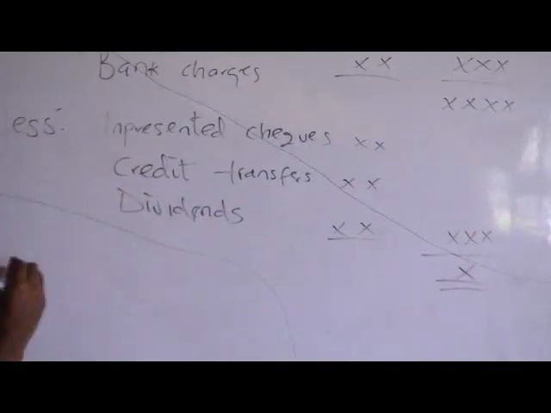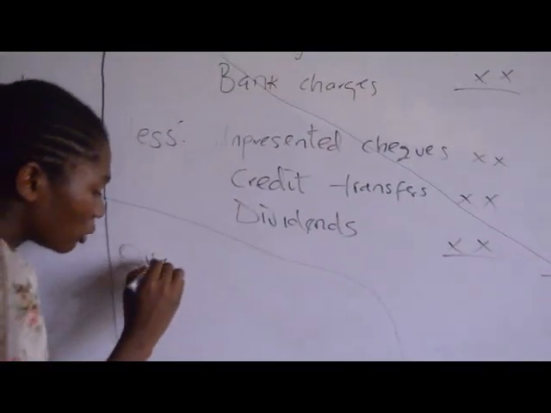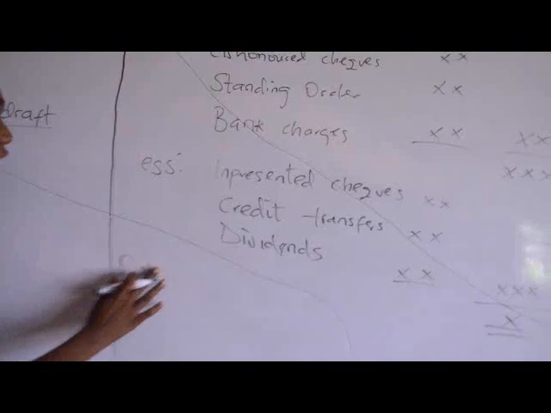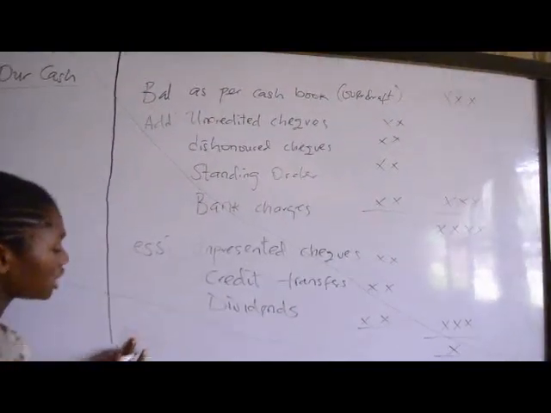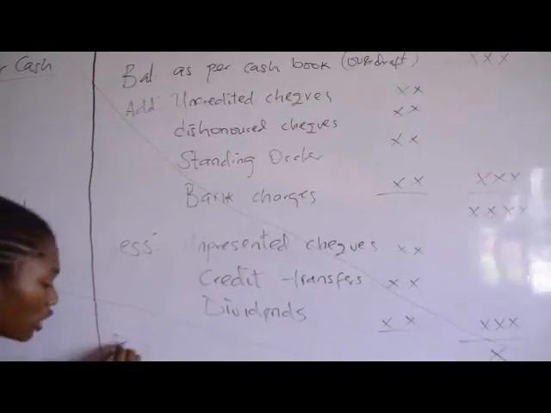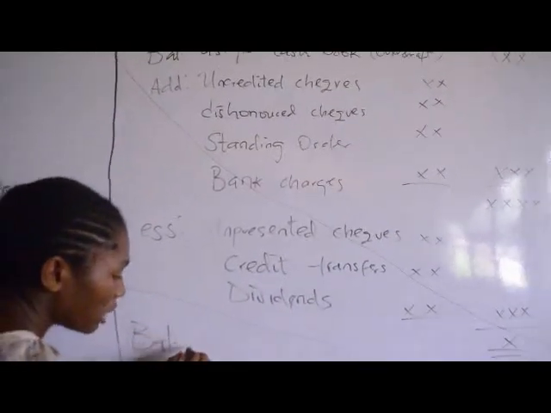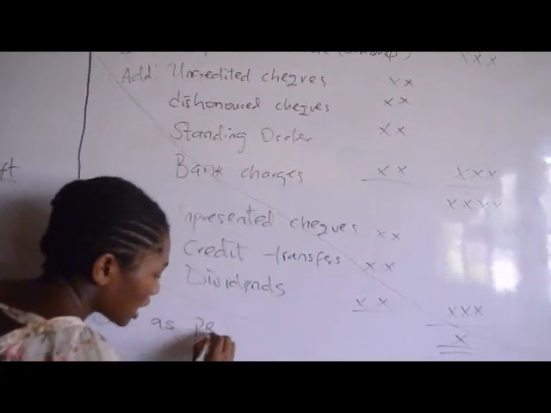And our answer will be what? Our overdraft or balance as per bank statement. Our balance can still be an overdraft, that is, it may still be money owing, or it may just be a cleared balance. So I'll be using balance as per bank statement.